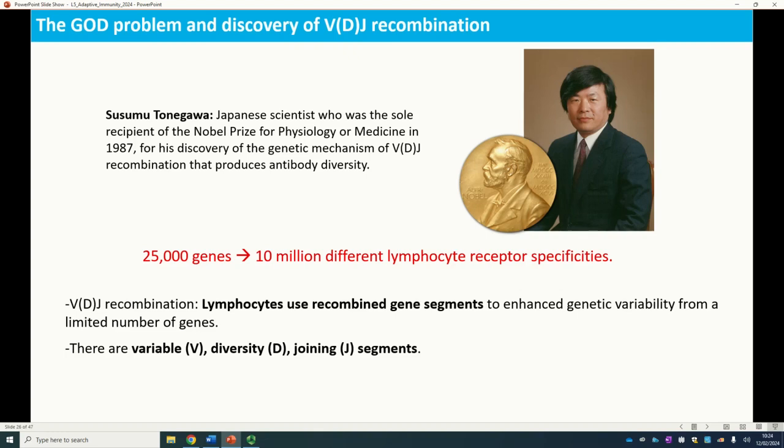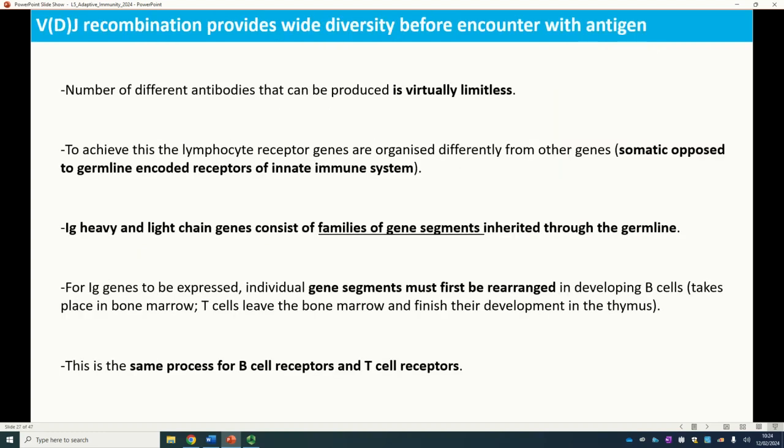So from a limited number of genes, we can get a very large number of receptors. So we can have a large outcome from a very small select number of genes. And the VDJ just stands for variable, diversity, and joining. And these are the names of the segments that get put together in VDJ recombination.